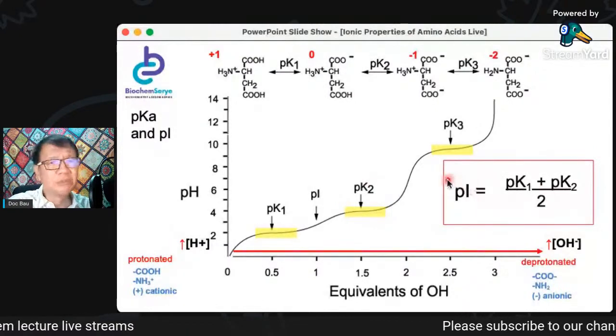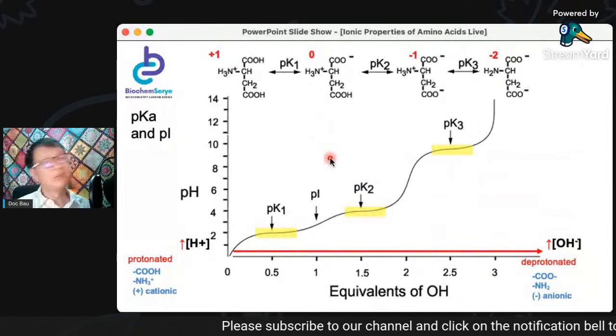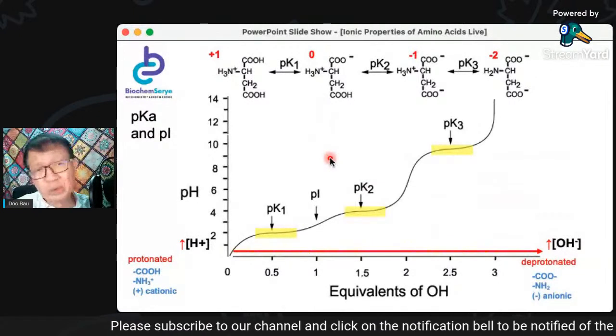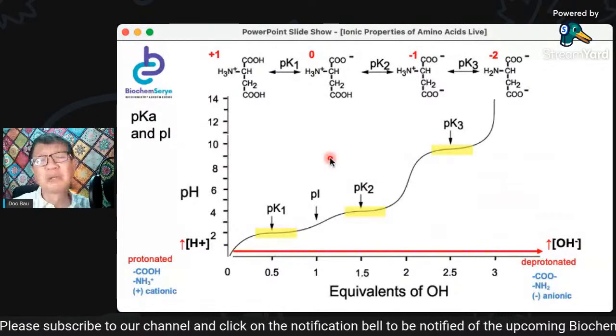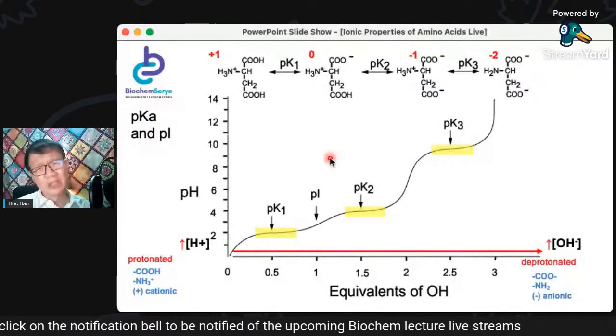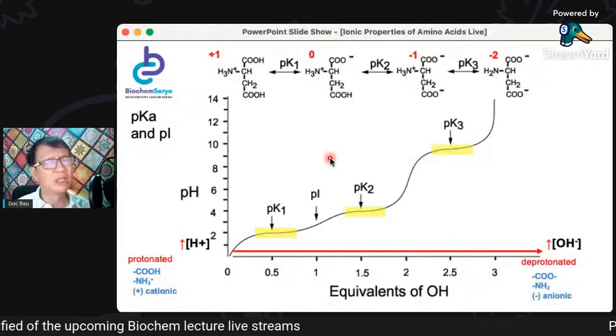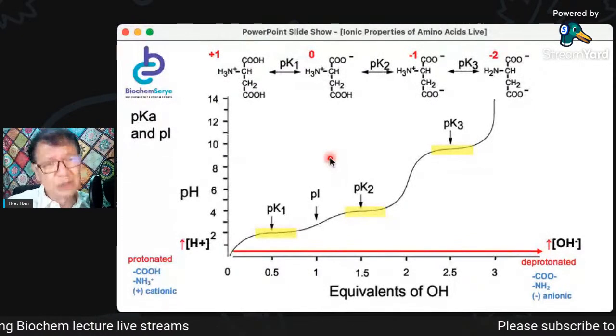For your neutral amino acids, you don't have any problem, because you have only two pKa values. But this is where the problem lies. Sometimes students get confused. Is it pK1 plus pK2 divided by 2, or is it pK2 plus pK3? I'll tell you a simple way to remember.